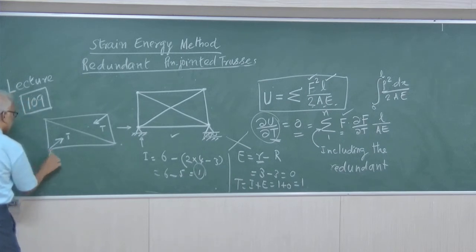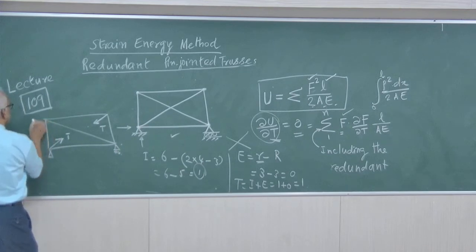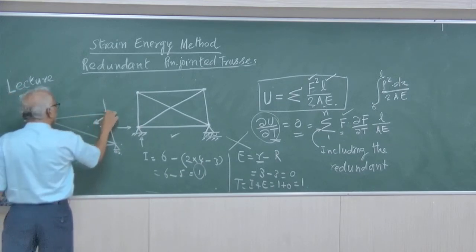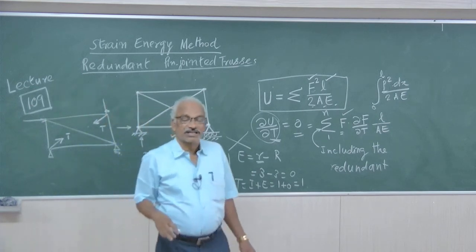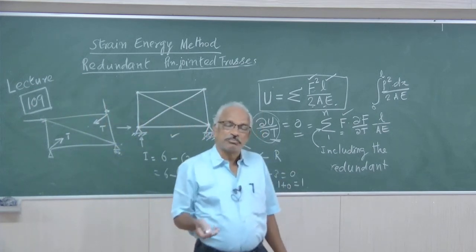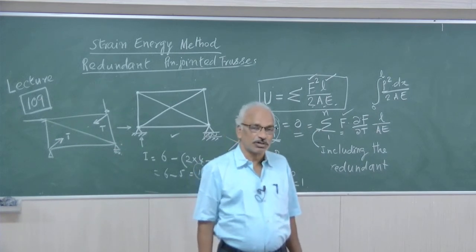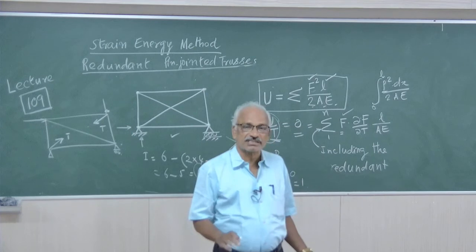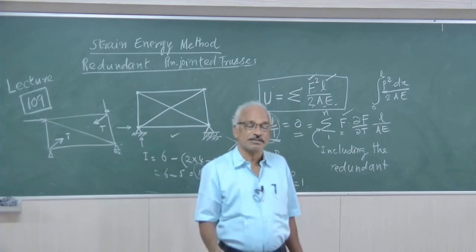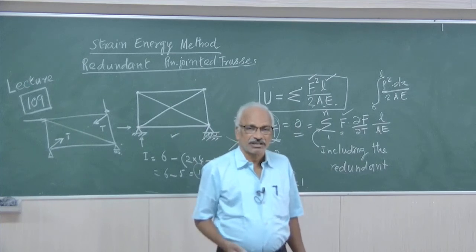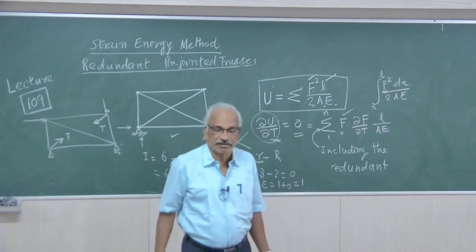So this is the truss that is given, and it may be subjected to some external load. So we have to analyze the truss for the external load plus the redundant simultaneously. Therefore, the force in all members will be in terms of the external force, and also in terms of T. So only one method of joints will solve the problem.